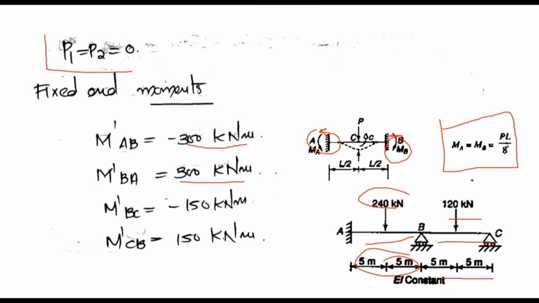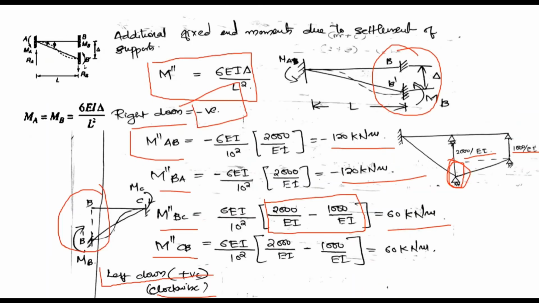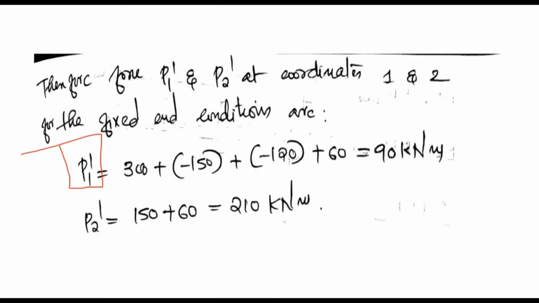That is, BA 300 plus minus 120, minus 150 plus minus 120 plus 60. 300 plus minus 150 plus minus 120 plus 60 equal to 90 kilonewton meter.